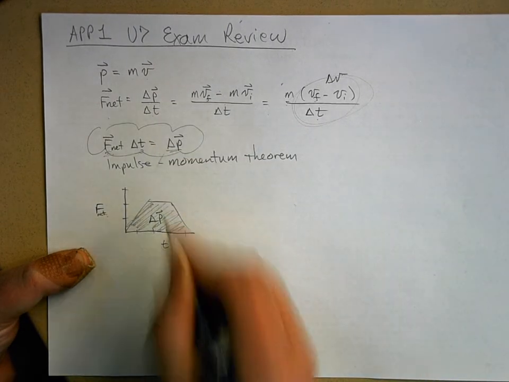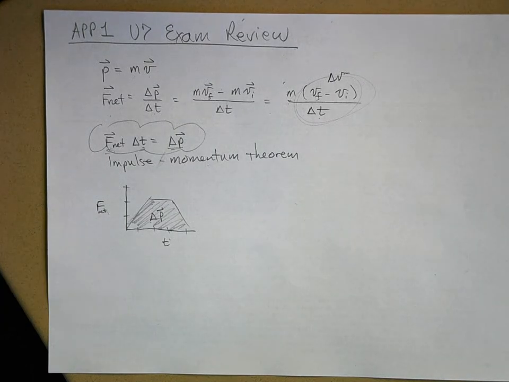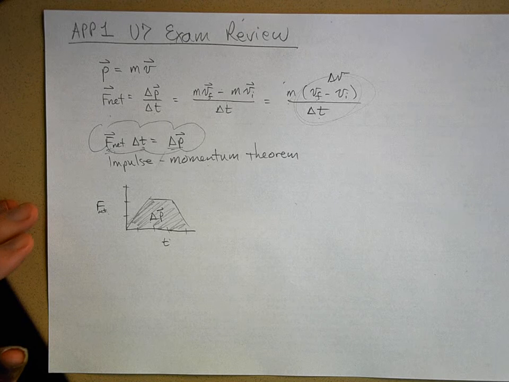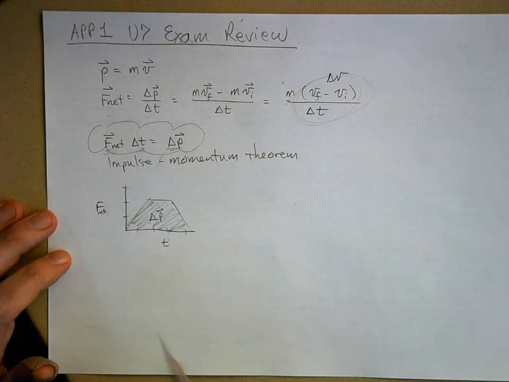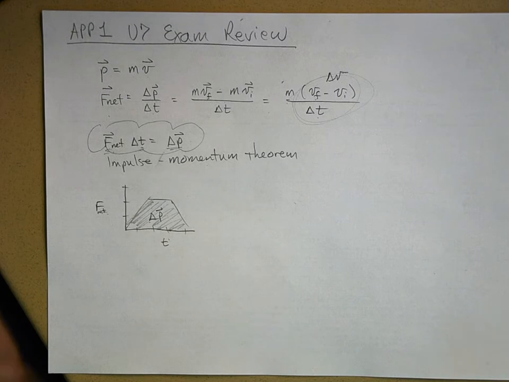This is delta p. This is a change in momentum. It's the impulse. It's also the change in momentum on that object. So maybe I'll give you a graph. Use the area of that graph to figure out the impulse. Use the impulse to figure out the change in momentum. Use the change in momentum to figure out the change in velocity. Okay?